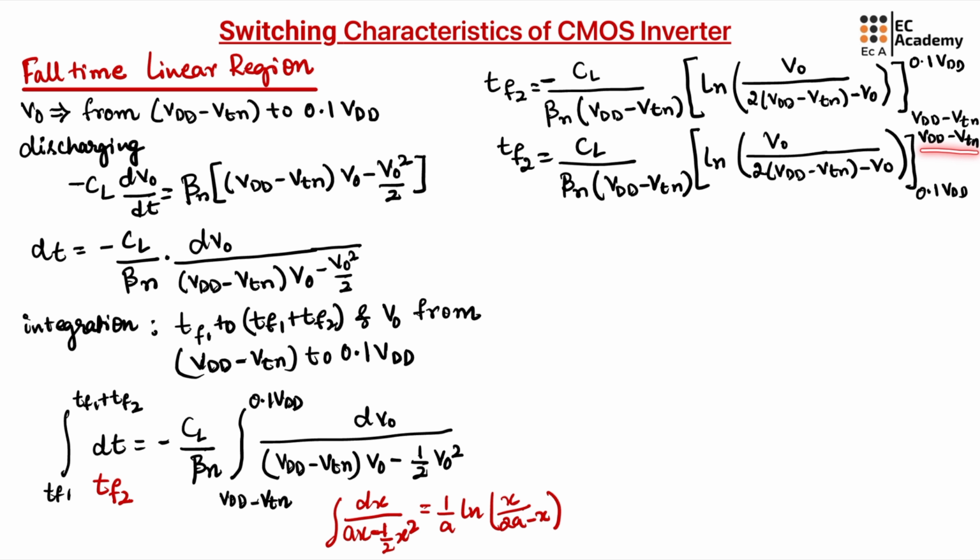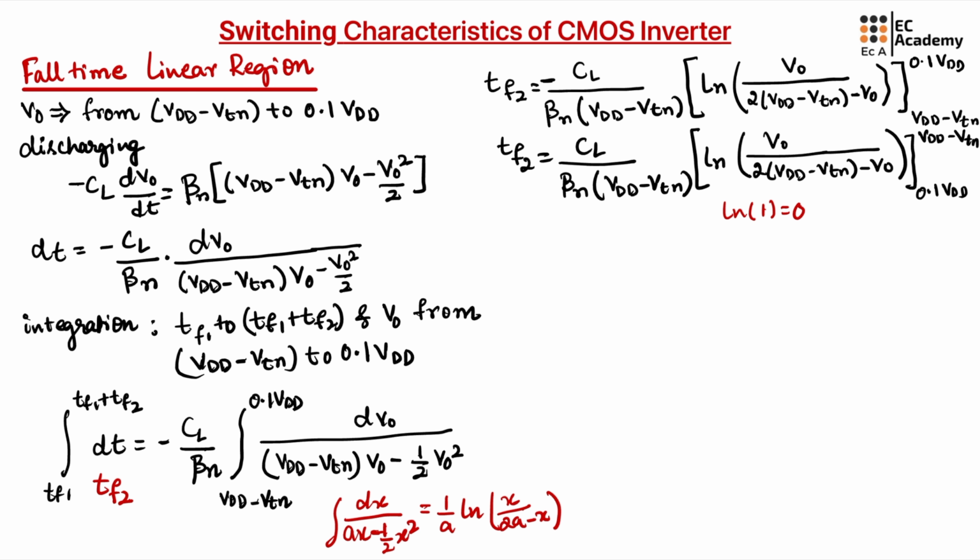So if you substitute the upper limit V0 equal to VDD minus VTN in the ln, then in the above equation we will get ln 1, which is equal to 0.